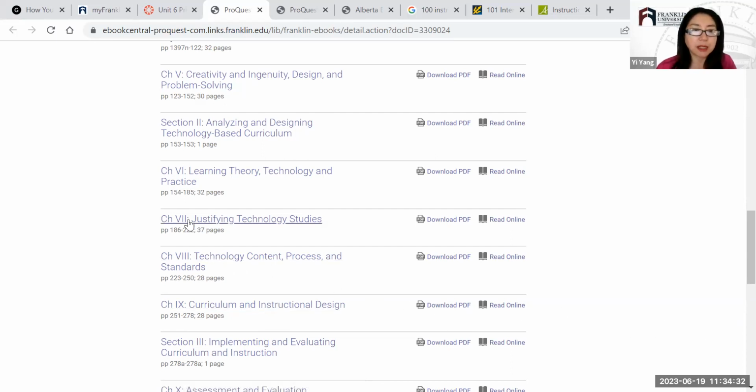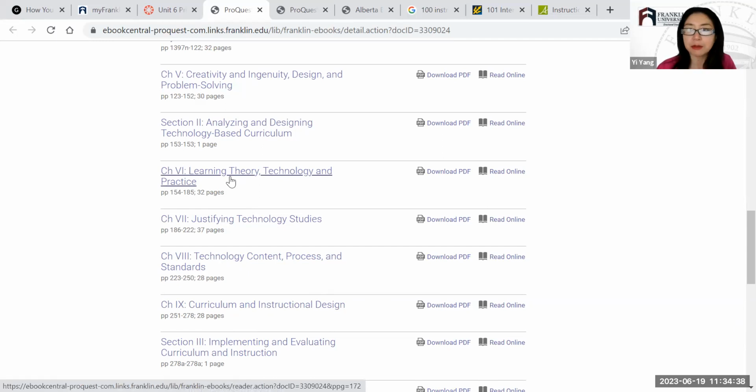Justifying technology studies, learning theory, technology practice relates back to your Unit 2, where you did learning theories. Analyzing and designing technology-based curriculum may interest you if you want to learn more about technology-based curriculum.